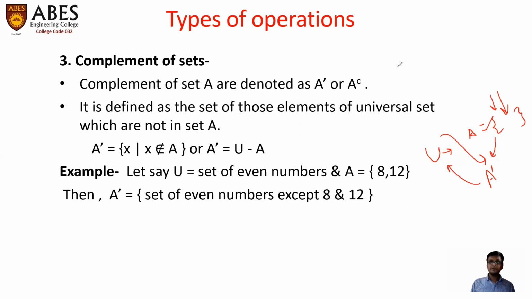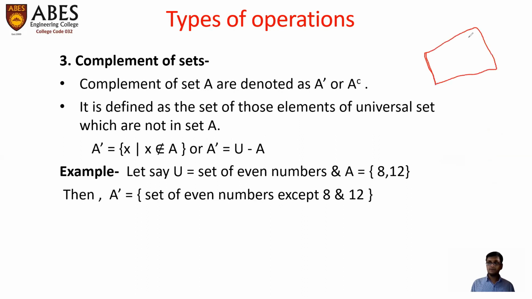So if we represent the Venn diagram of this operation, here is the universal set, denoted as U, and this is set A. All the areas will be covered except set A. So this is the area of the A complement.